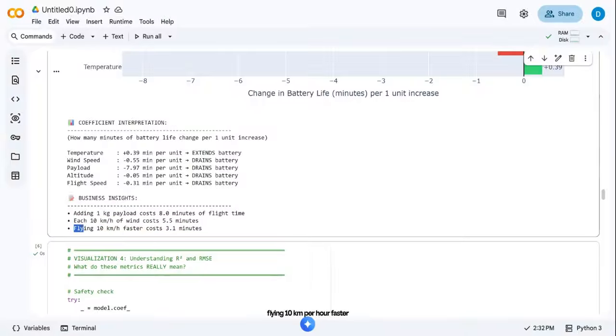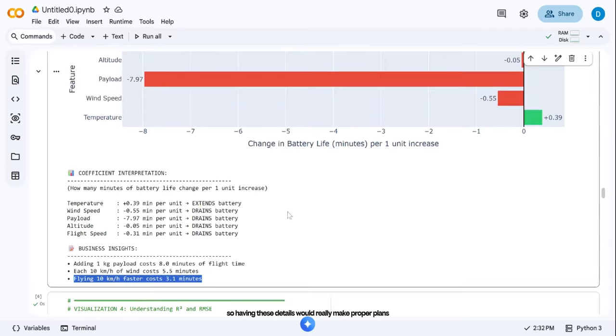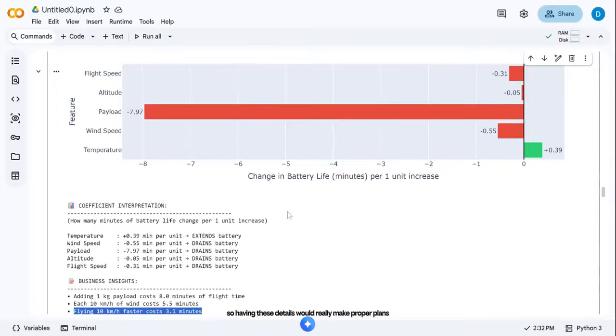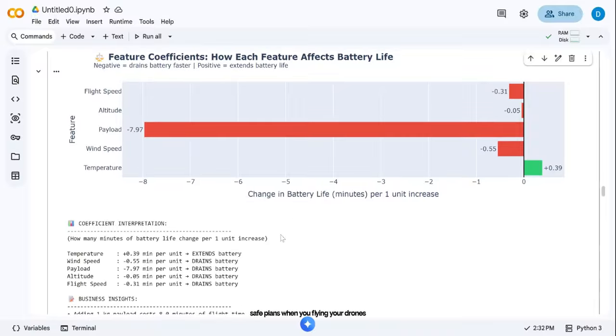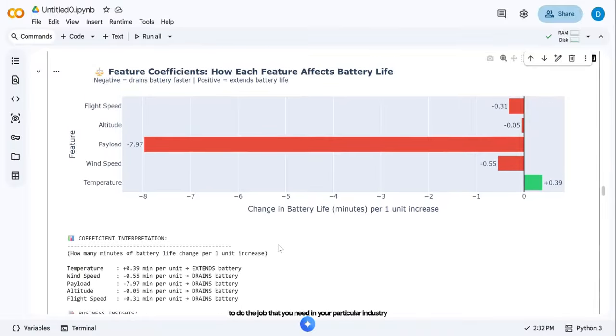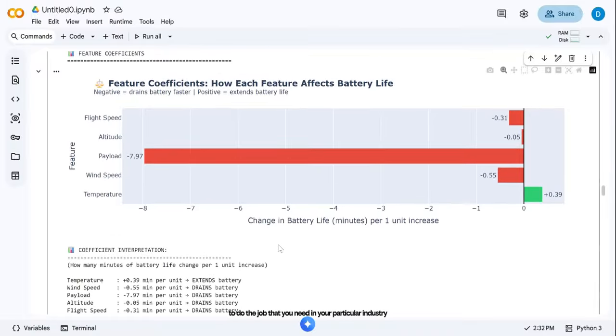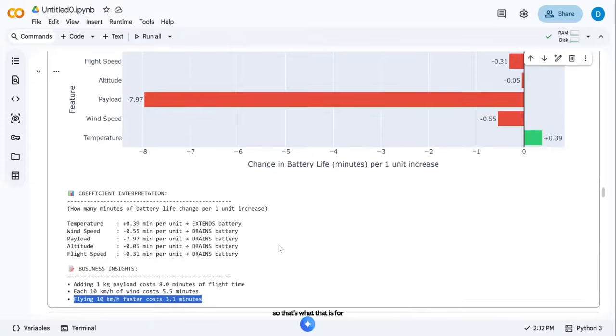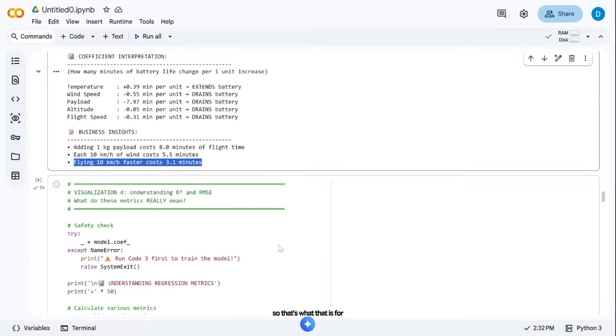Flying 10 kilometers per hour faster costs about 3.1 minutes less flight time. So having these details would really help you make proper, safe plans when you fly your drones to do the job that you need in your particular industry. So that's what that is for.